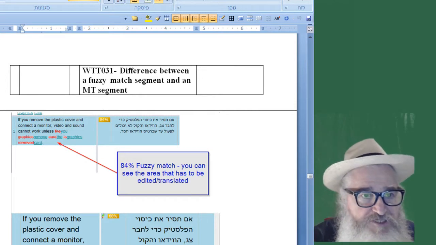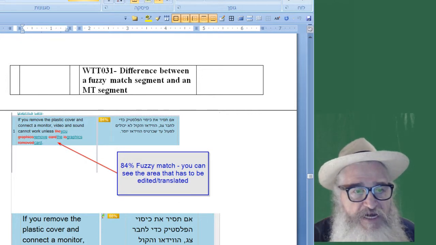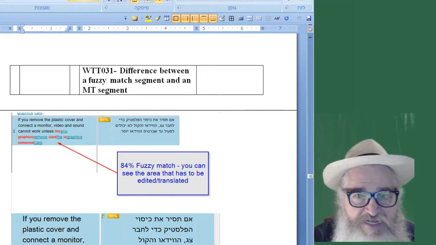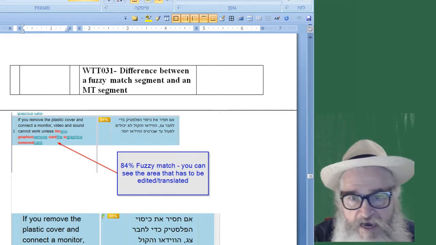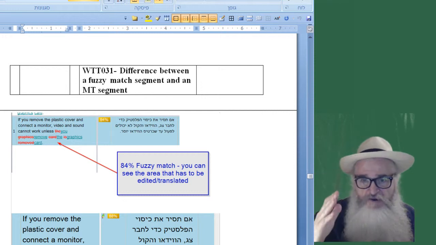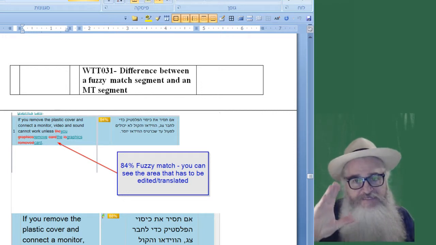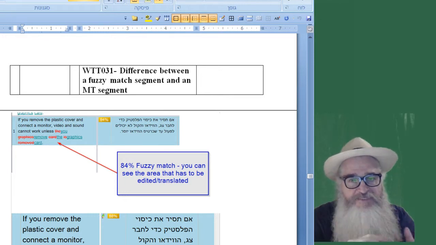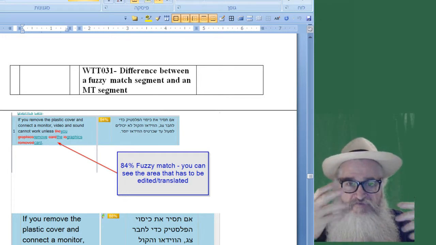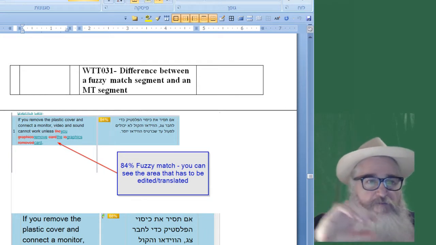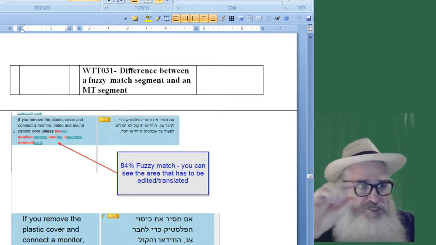So, fuzzy match, as you can see, for example, here it's an 84% fuzzy match. You can see the area that has to be edited, translated. I spoke in previous videos about the problems associated with fuzzy matches, but let's take it at face value at the moment. This is how you encounter the fuzzy match in your window that shows you the translation memory.